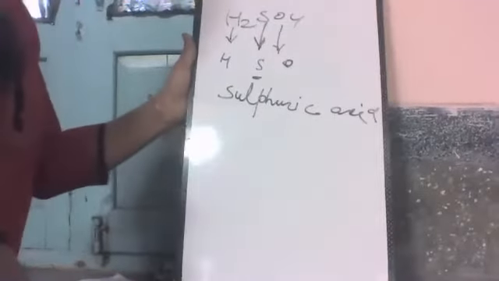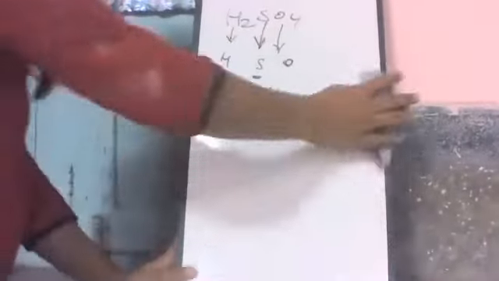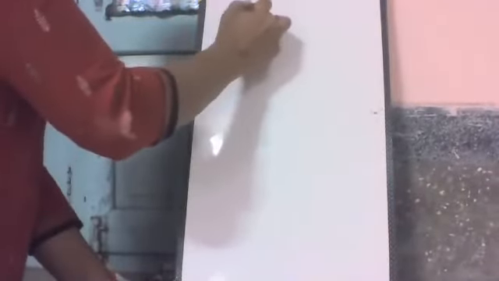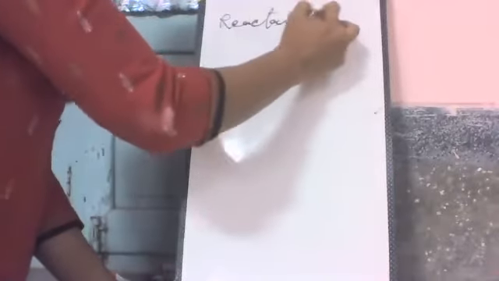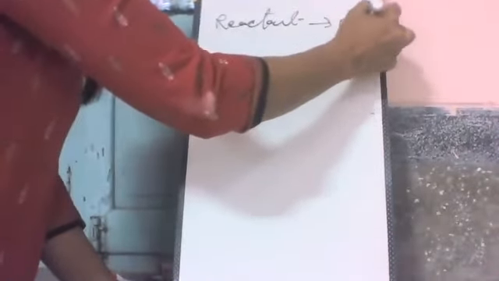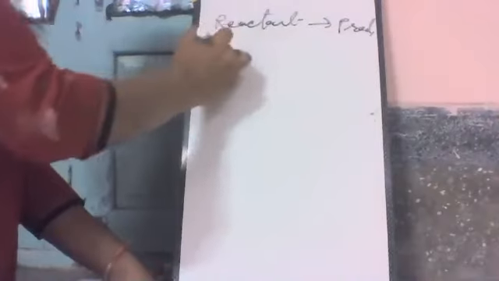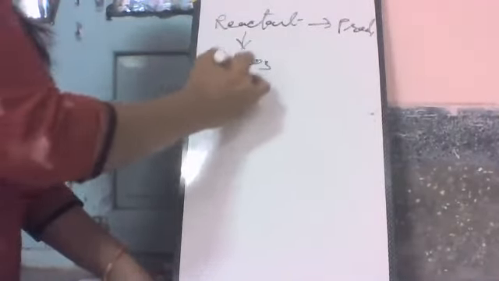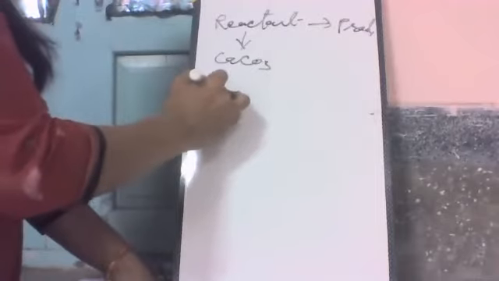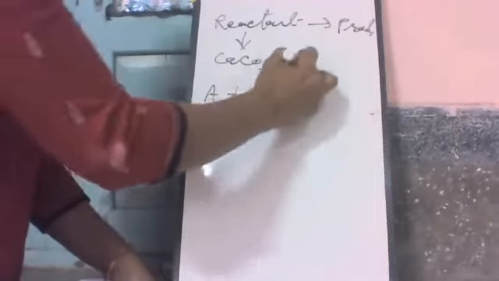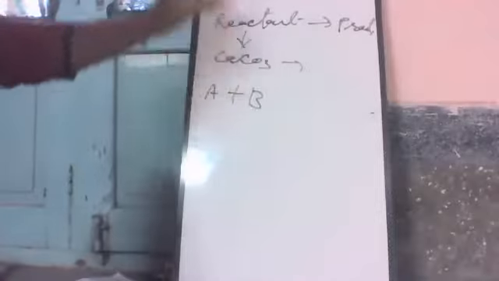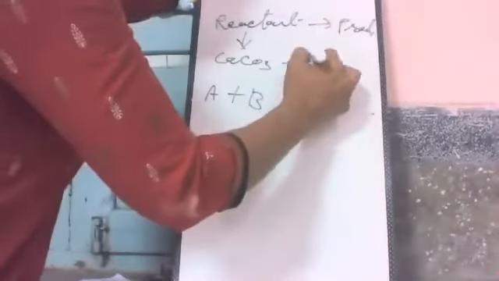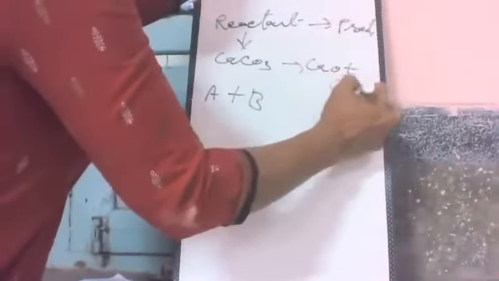Chemical equations. Chemical equations are formed with two parts, reactant and product. There may be one reactant, or maybe sometimes two reactants, from which only one product is formed or more than one product is formed, like CaO plus CO2.